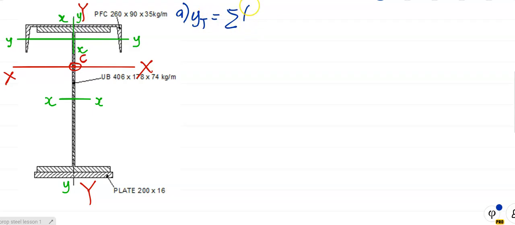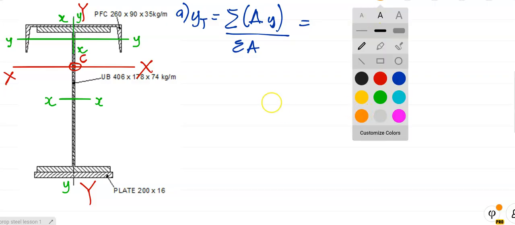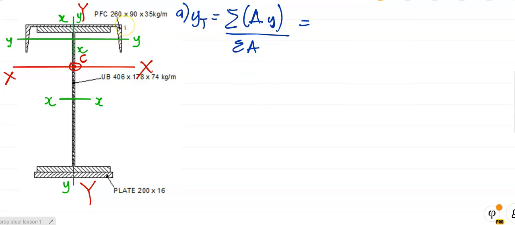It is the sum of the area of all of them times y, over the total cross-section area. I'm going to make the channel element 1, the I section element 2, and the plate element 3. So channel is 1, I is 2, and that is 3.